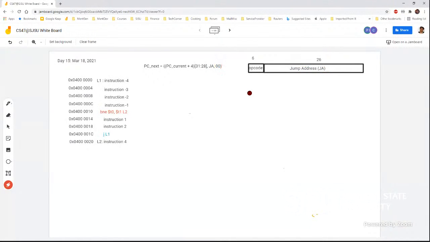So your jump address has to be such a bit pattern. If you put the bit pattern here, then take PC plus 4, take the 4 most significant bits and add 2 zeros at the end, you end up at a target address, which for this example is this one. So let's do it.